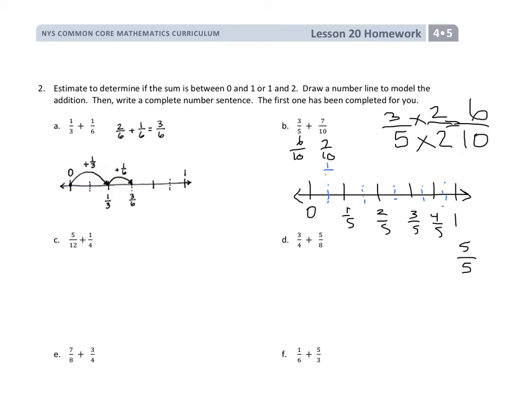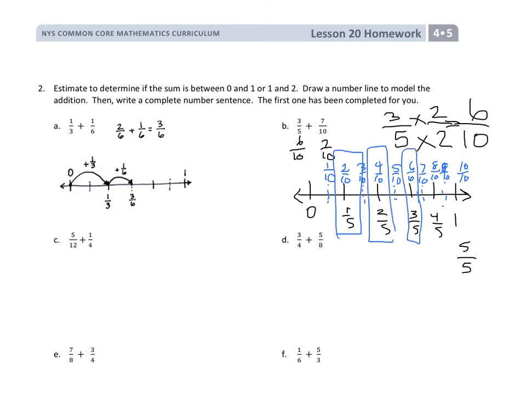So 1/10 here, 2/10, 3/10, 4/10, 5/10, 6/10, 7/10, 8/10, oops, 9/10, 10/10. And what students can start to see is there are these equivalents here between the tenths and the fifths.